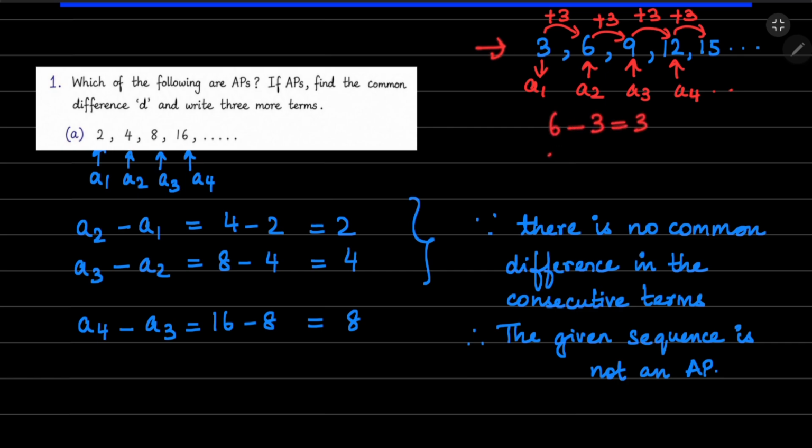A3 minus A2, 9 minus 6, again 3. Fourth term, 12 minus 9, which is again 3. So since the common difference is equal in all the consecutive terms, therefore the given sequence is an AP, arithmetic progression. And if you have to find 3 more terms, what would you do? 15 plus 3, 18, 18 plus 3, 21, 21 plus 3, 24. So that's exactly what the question is.